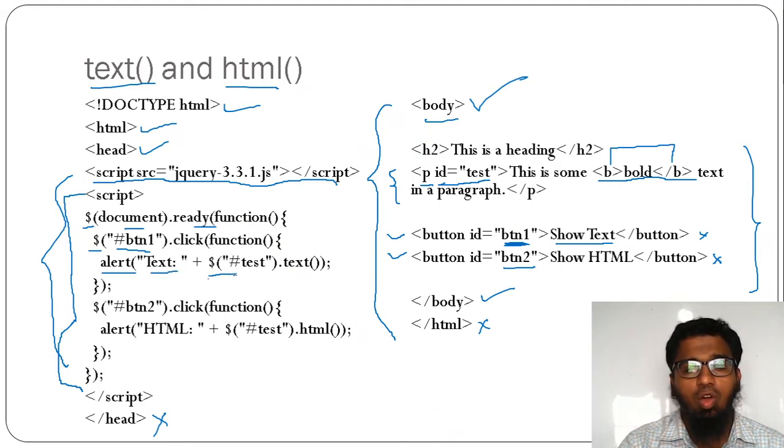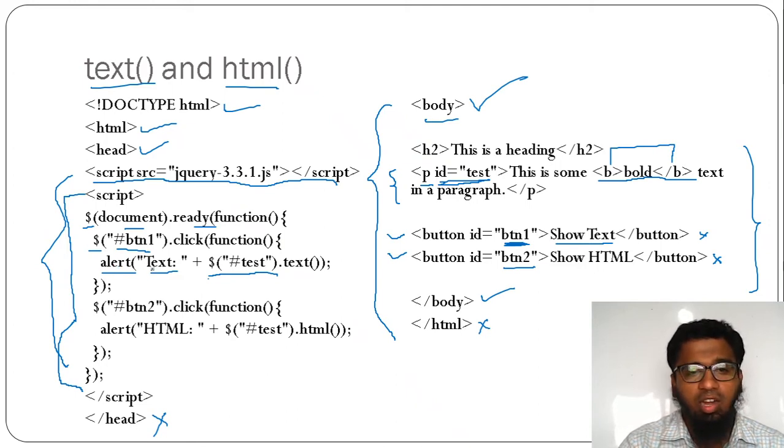plus dollar hash test. What is this test? Test is this one, the ID, dot text. So whatever is present in this paragraph will be displayed in the alert box. Did you get my point?